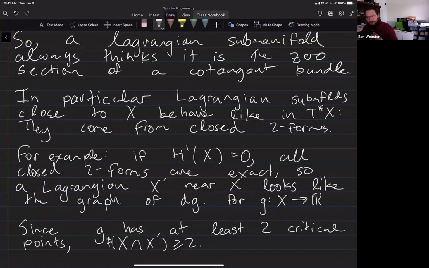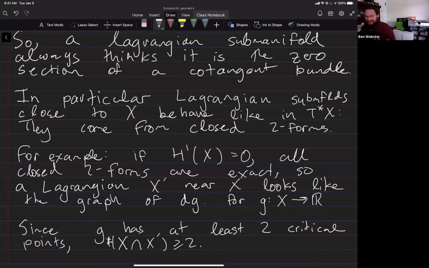So you might ask, could I find a nearby Lagrangian that doesn't intersect mine? The answer is yes if you have a non-vanishing closed one form. But if you have vanishing H1, then you're exact, and any function has critical points on a compact manifold.